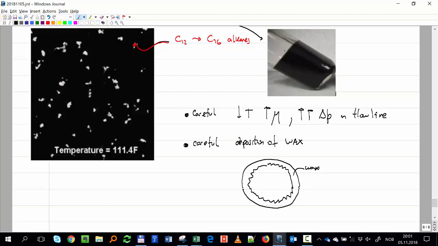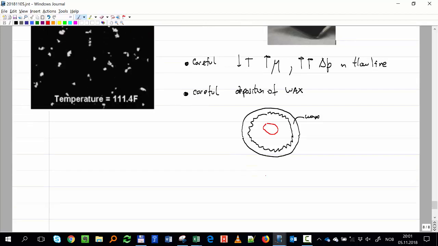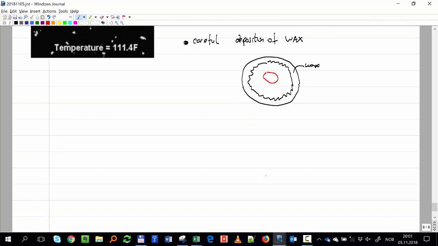It will tend to stick to the wall, and eventually it will stick and stick and stick until it almost plugs the pipe. So you have to be careful with wax because it can lead to pipe blockage.